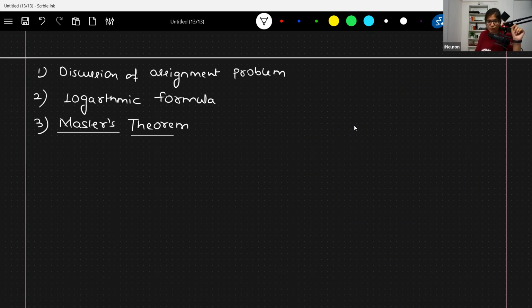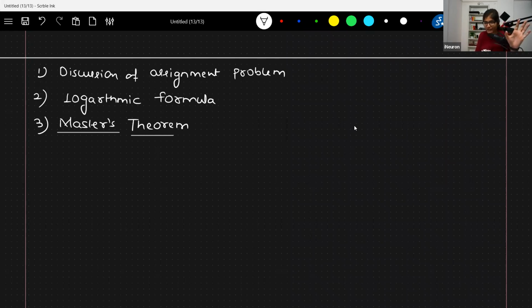So don't miss tomorrow's session. This substitution and recursive tree approach is taking a lot of time and has a lot of mathematical foundation, but when we talk about the master's theorem, it is very easy.